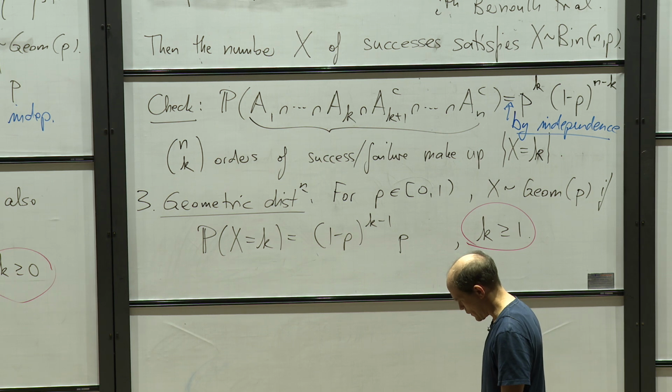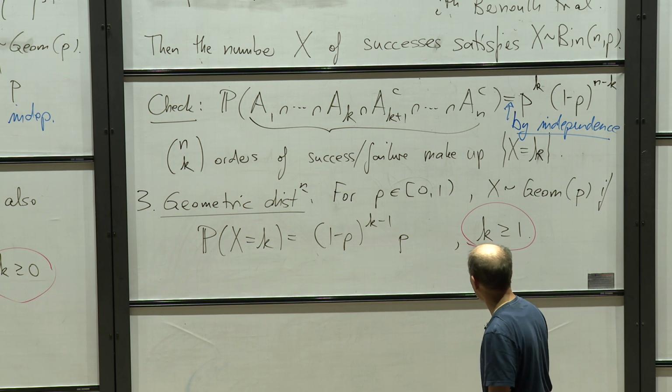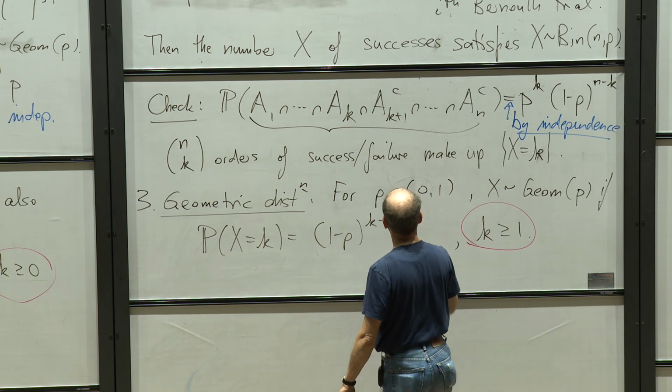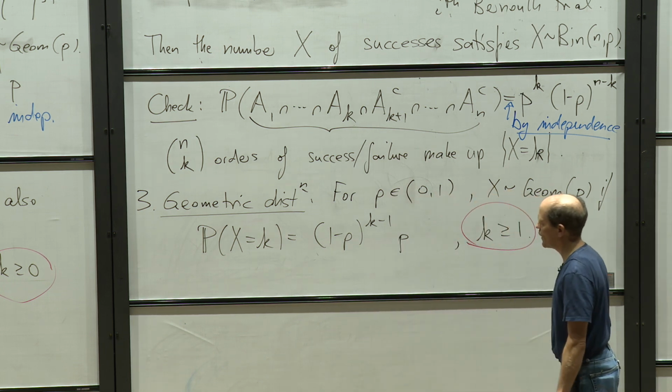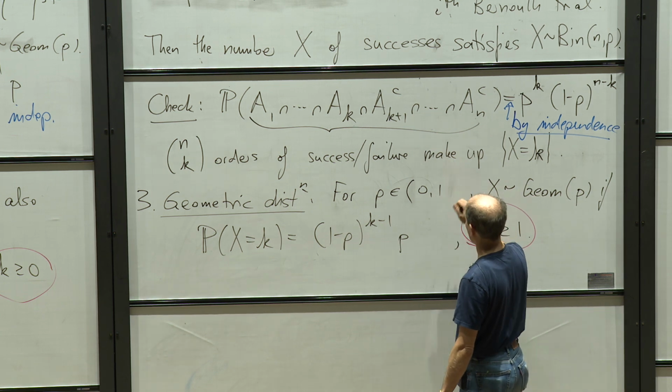Is it the other way? It's the other way. I want to exclude 0, because if I never see a success, then I won't be able to define a probability mass function this way.